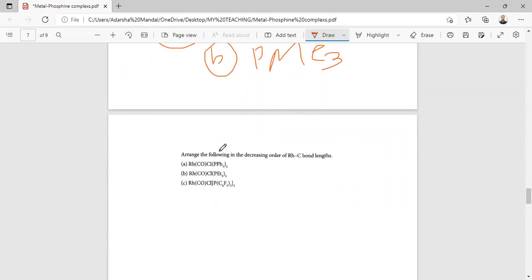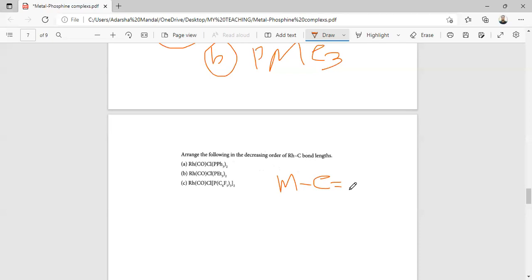So the next question is to arrange the following in decreasing order of the rhodium-carbon bond length. This metal-carbon bond length will depend upon the electron density on the metal center, and this electron density will more or less depend on the electron donating property of this phosphine ligand.